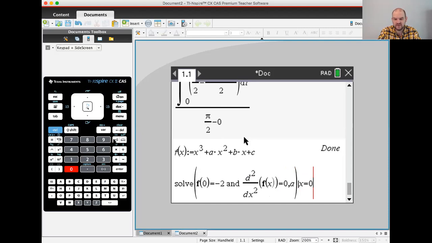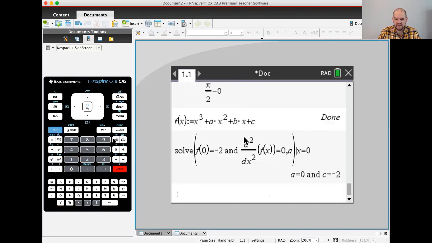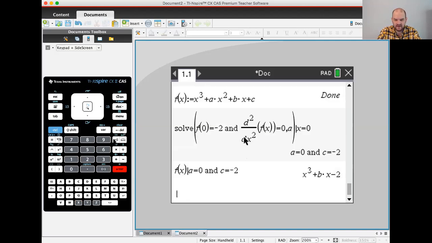I feel like this shouldn't work. This will let me solve for a and c: a is 0 and c is negative 2. I didn't get any information about b, so let's do f of x such that this is true, and then store that as f of x.